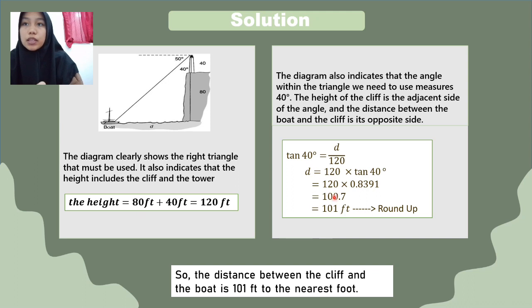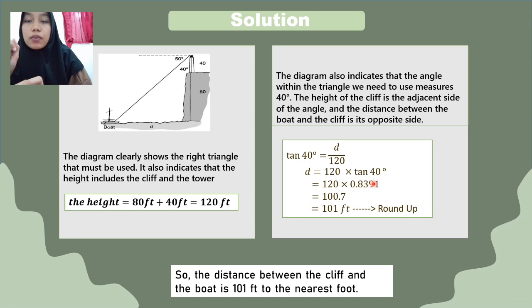Tan 40 equals D over 120. So D is 120 times tan 40 degrees.